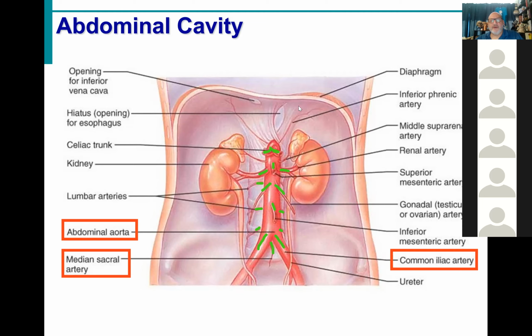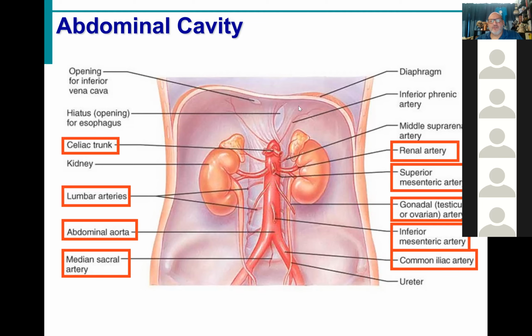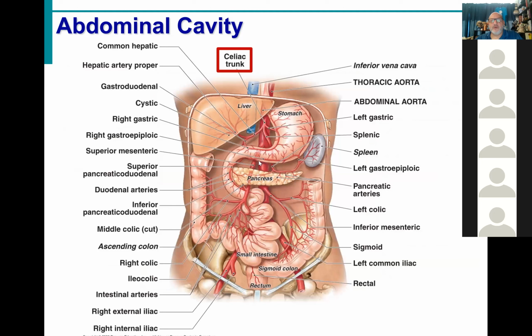Notice your book also has a nice picture that shows where some of these blood vessels are going. So notice, as we talked about, the splenic goes to the spleen. The left gastric goes to the left side of the stomach, whereas the right gastric comes off of the common hepatic, which, like we also talked about, goes to the liver.